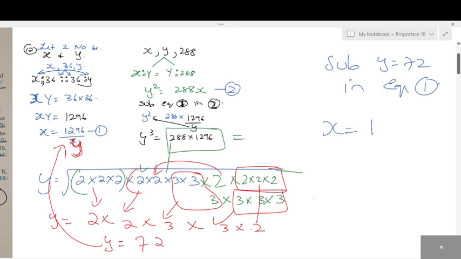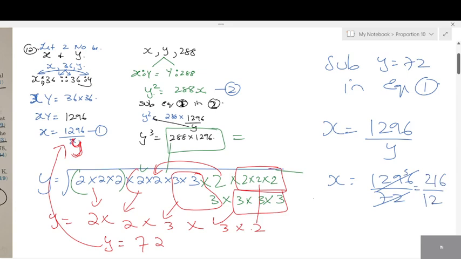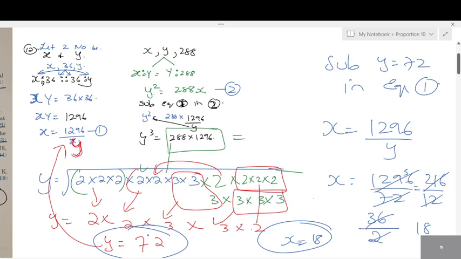So x equals 1296 divided by y. x equals 1296 divided by 72. You can use the 6 times table. 6 twelves are 72, 6 twos are 12, 6 threes are 18, 6 ones are 6, 216. So x equals 18, y equals 72.